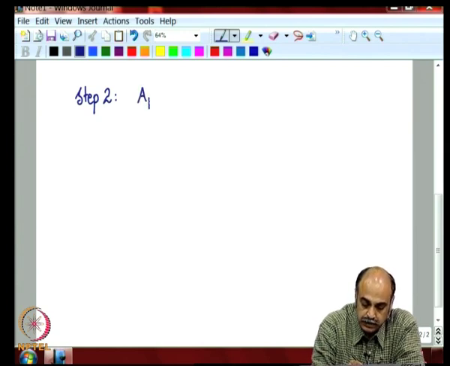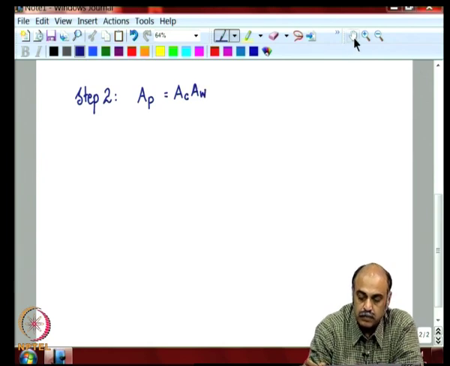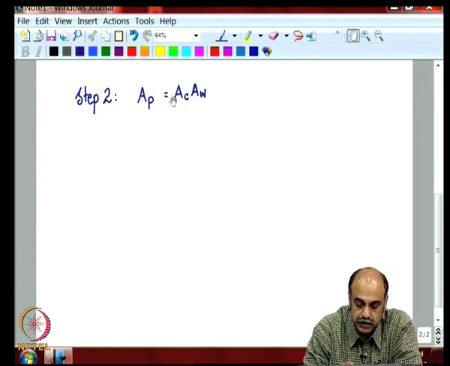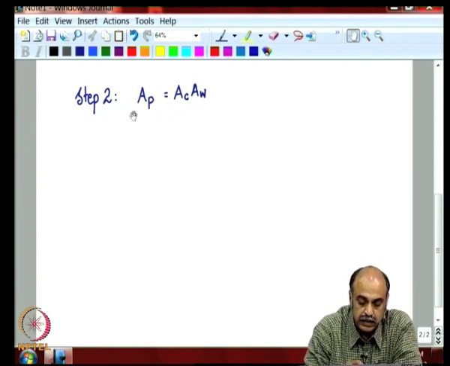The product of the core cross section area and the window area, as discussed in the last class, is called the area product.